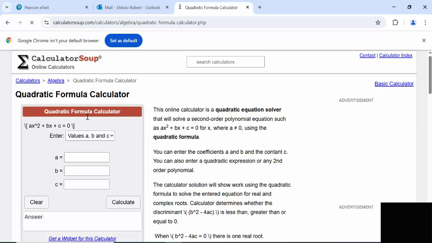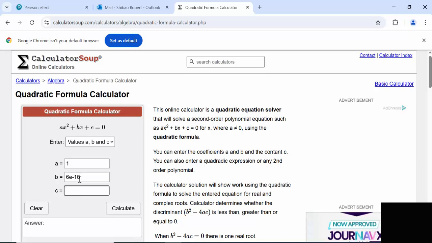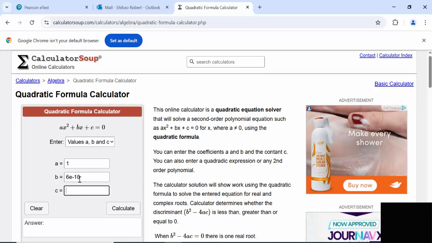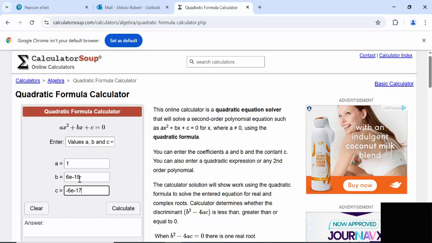So A was 1, B is 6 times 10 to the negative 10, C is negative 6 times 10 to the negative 17. So let's go ahead and calculate it.